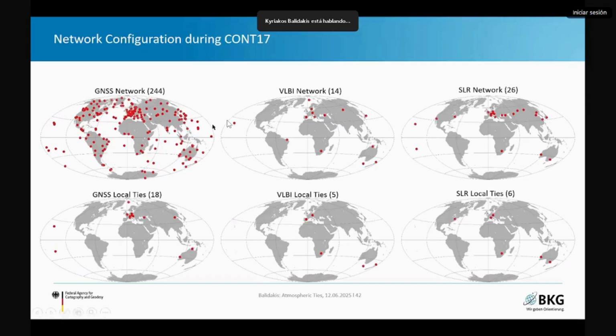So we see that, for example, for GNSS, from the 244 stations, we have local ties for less than 10% of the network, right? So very few.